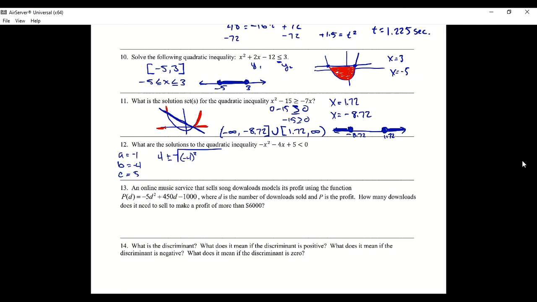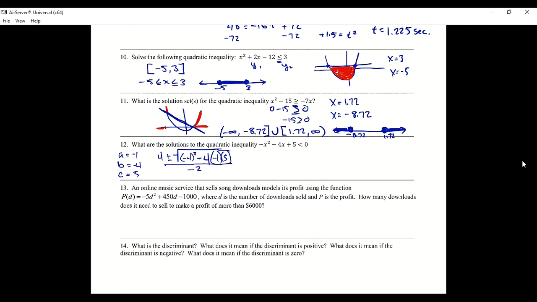If you put this in the calculator, the parentheses go around the -4, the square is outside the parentheses. Or you can realize that -4 times -4 is 16, which is 4 squared, and you can just drop the negative and square the resultant number. Minus 4 times -1 times 5, and then all of that over -2.